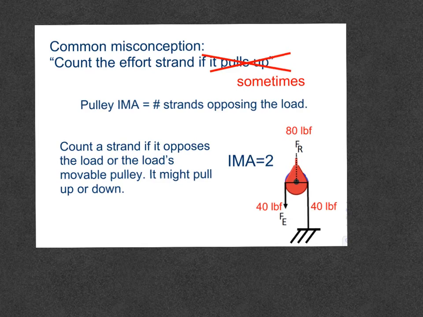Another misconception that you have. When you have a block and tackle, you're going to count all the strands that are pulling up. Look at the sample that you have there. See, even though you don't have a block and tackle, you have to look at the direction of the effort force.